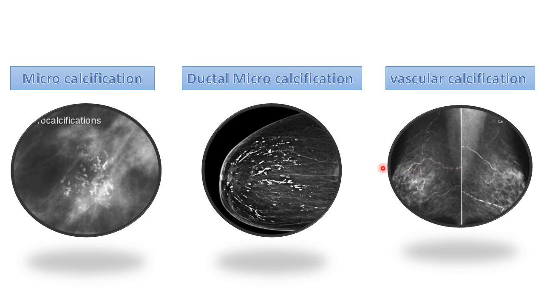This is not related to the breast tissue but related to the blood vessel. Usually this is found in an elderly patient due to the aging process and atherosclerosis of the blood vessels, and we can see the distribution is different from the distribution of the ducts. So from its site and distribution, we can say this is a calcification of the blood vessels, a part of the atherosclerosis of the blood vessels of the breast.